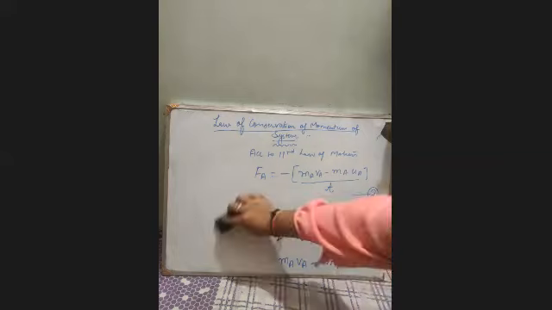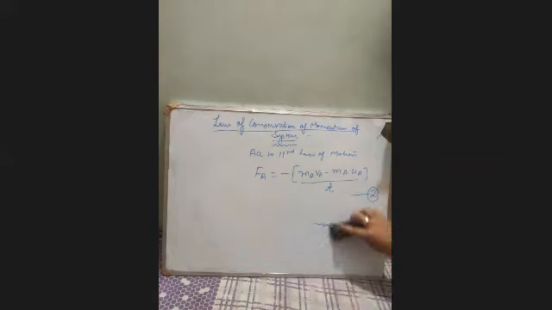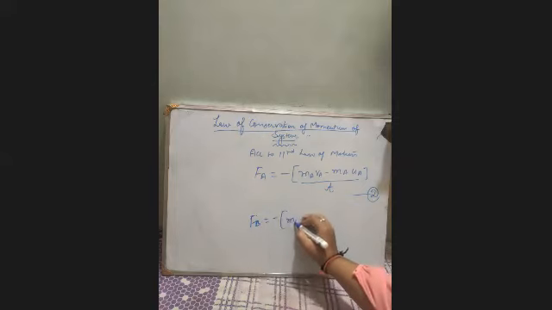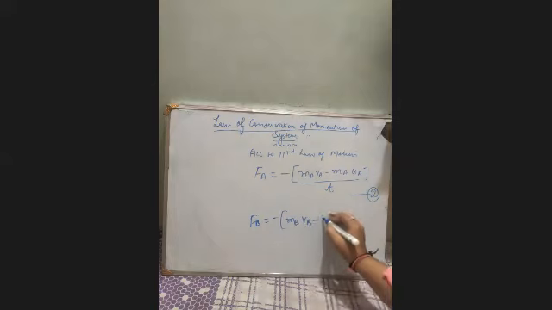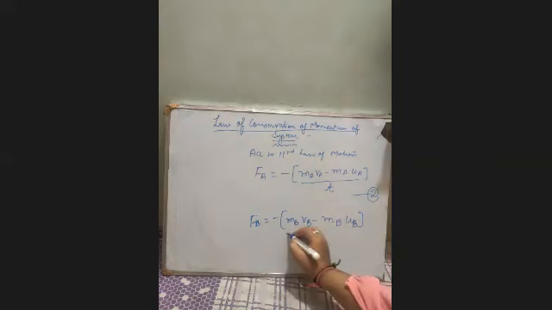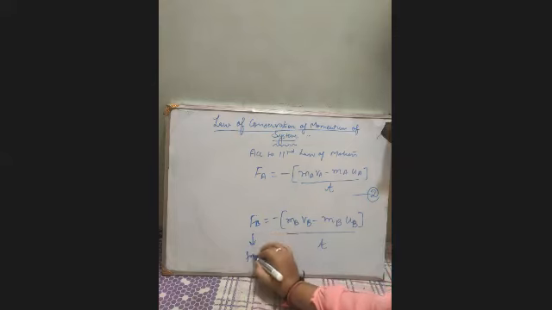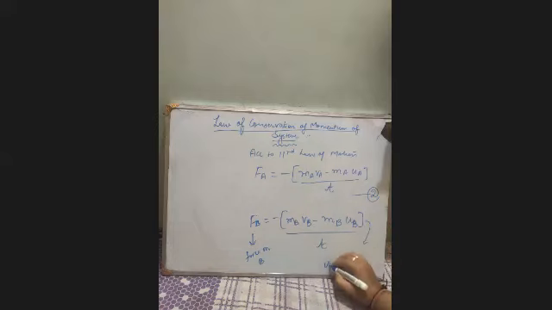So after that, in the similar manner, can we also write FB? So what is FB over here? FB is equal to Mb Vb minus Mb Ub divided by T. Here is the force on B, and this term is what?